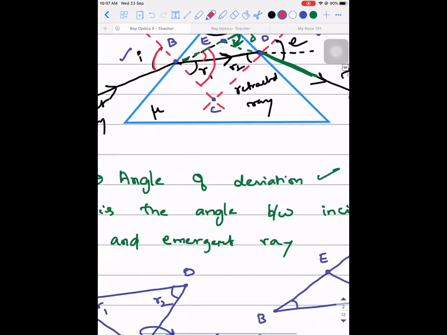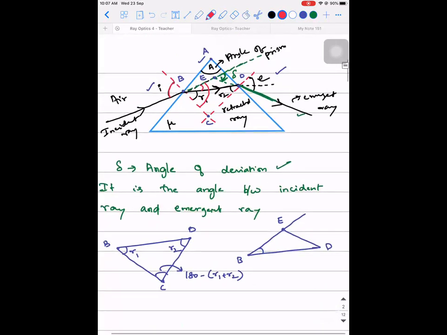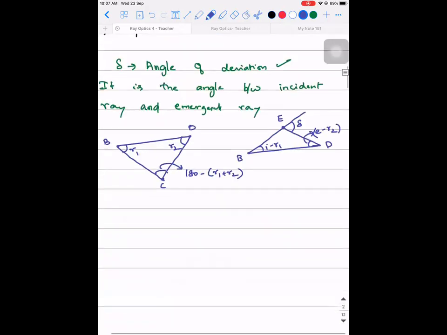It is I minus R1. I hope everyone is clear with this. In a similar way, what will this angle be? E minus R2. Very good. The same logic, vertically opposite angles. This whole thing will be E and this part will be E minus R2. Right? And outside angle is delta. Accepted?